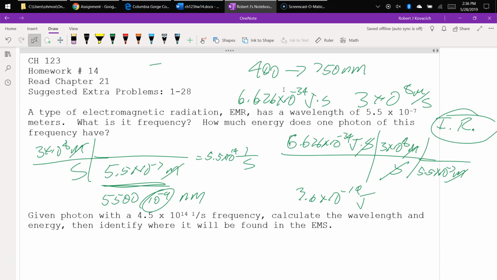But nobody has a problem with how I did that calculation? Somebody usually steps in and says, how come you didn't just use the frequency you calculated and multiply it by Planck's constant? We could have done that. Does anybody know why that's typically a bad idea, especially on a standardized test? When there's given information and you can calculate the answer from it, do that. Never calculate an answer from an answer you already calculated, because you end up with rounding errors.